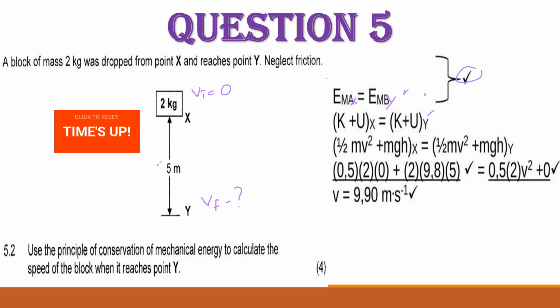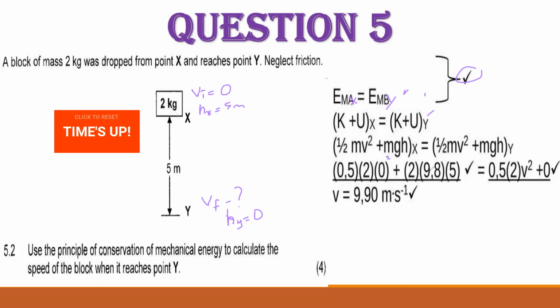Delta h. Let's just change initial height: H1, or HX. We can say HX is equal to 5 meters. HY equals 0. So initially you have only potential energy, kinetic energy is 0. You check here, half m times 0 squared, so it is 0.